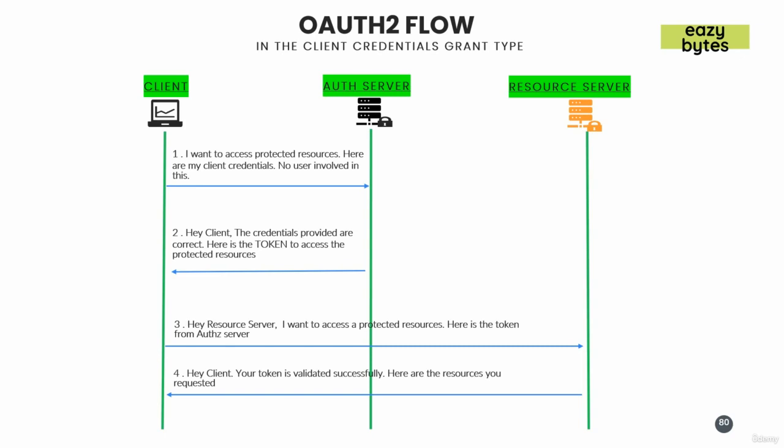In order to invoke my resource server REST APIs to get account details, card details, loan details, first I need client credentials, which will help me get an access token. Using that access token, I can invoke my secure REST APIs deployed on the resource server to get a proper response.